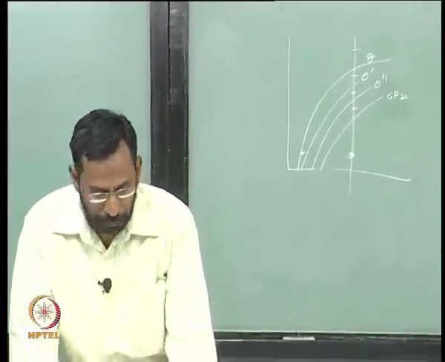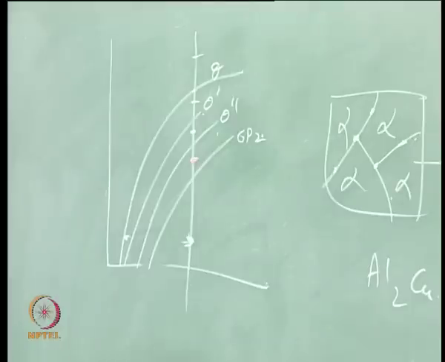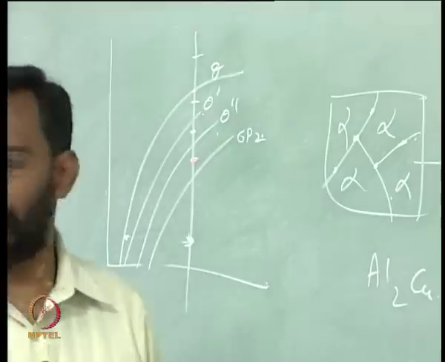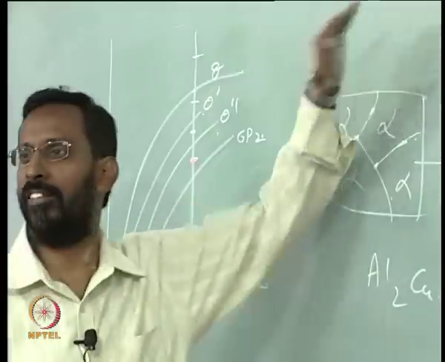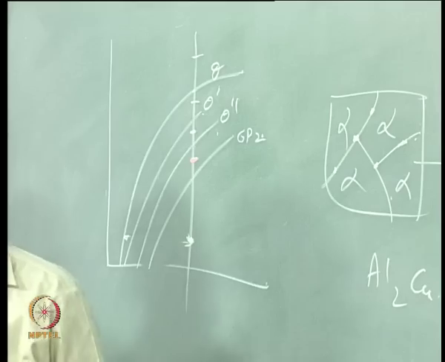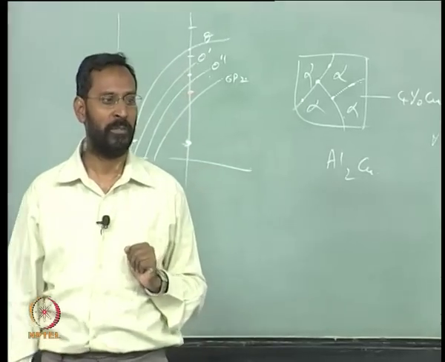See, basically if you look at quenched-in vacancies, you have some of them, but to a large extent many of these vacancies, because vacancy migration is faster, actually migrate to the grain boundaries very easily. In fact, that is the reason why you see what are called precipitate free zones.